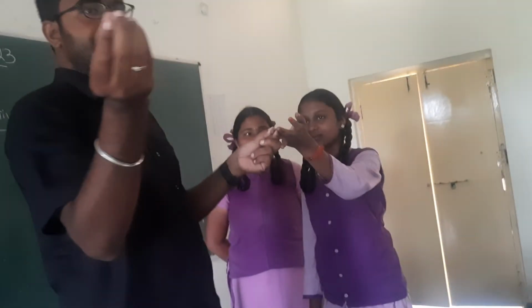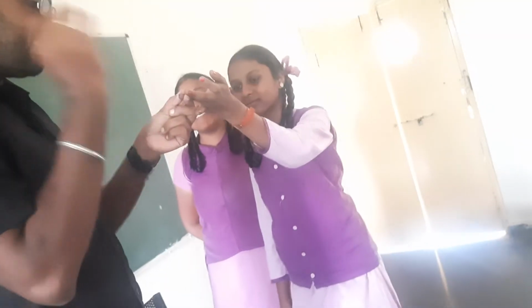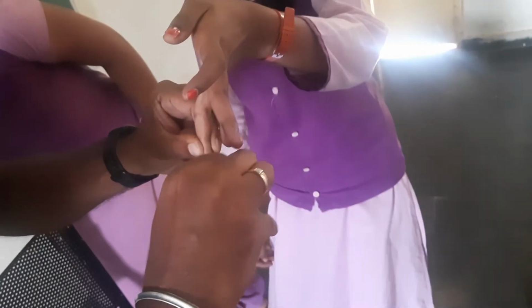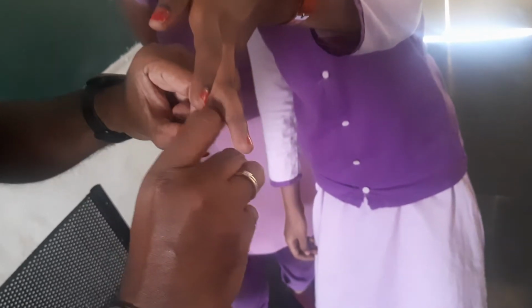Now I am going to take a blood sample with a disposable needle. We take 1 blood drop in A, 1 blood drop in B, and another blood drop in RH. Clean it with the alcohol.